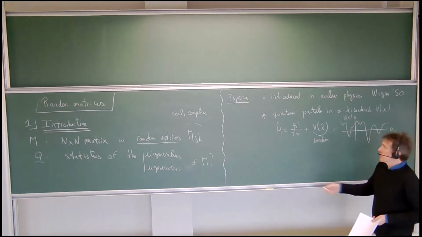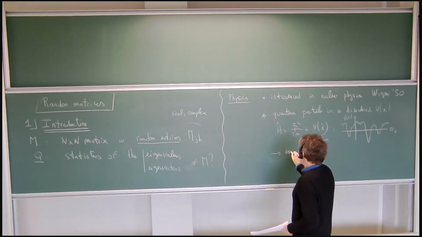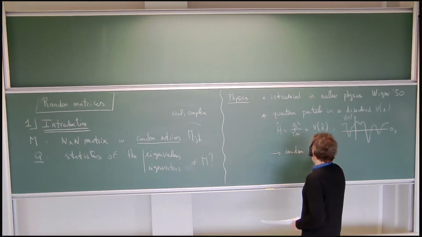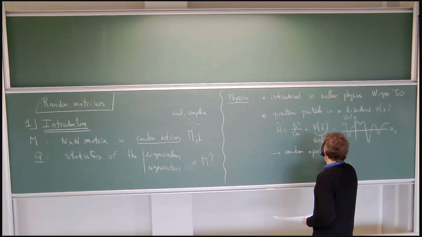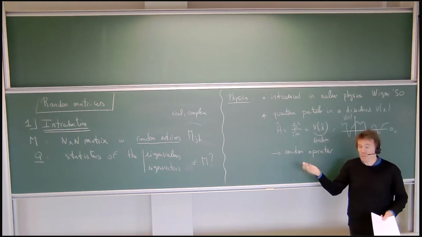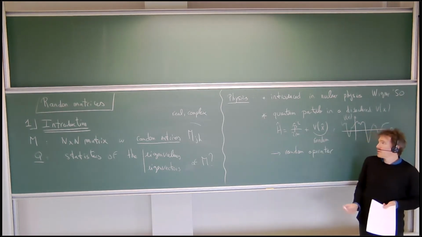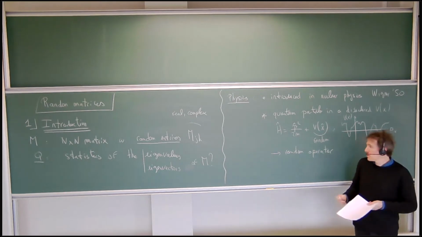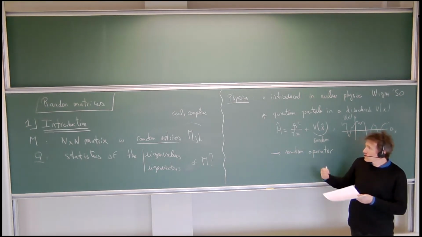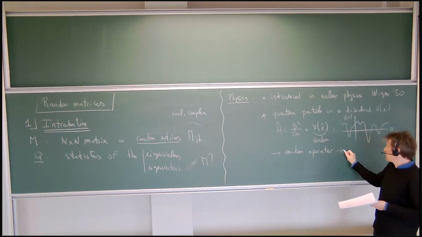Now, in general, in this case, H hat is a random operator, simply because V itself is random. And if you, for instance, want to study this problem numerically, then you would have to discretize this random operator, and that would naturally lead to a random matrix.